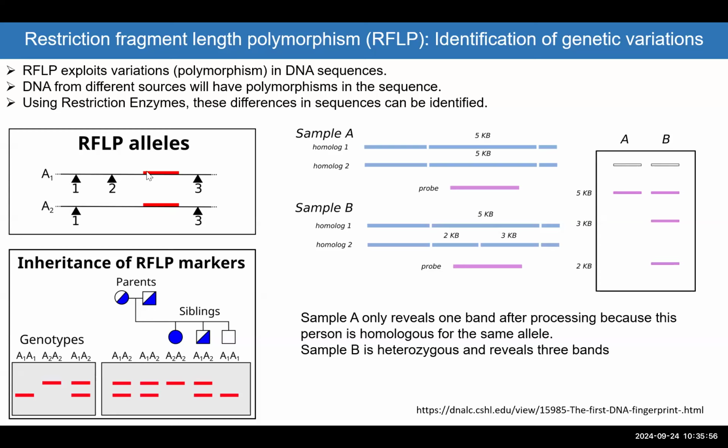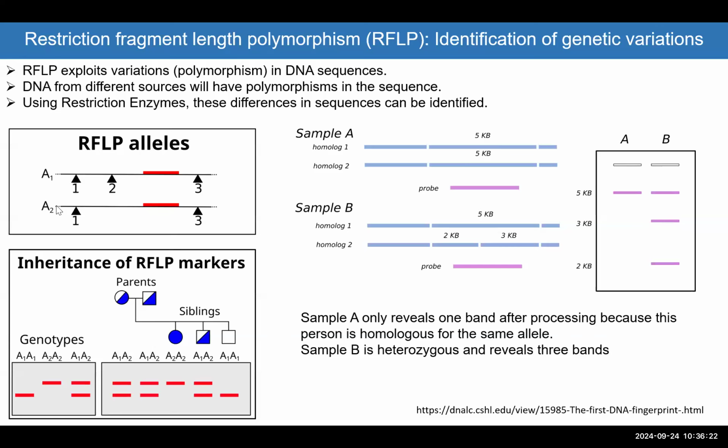And it's smaller in size than allele number 2, because allele number 2 doesn't have restriction site 2 here. Therefore, the fragment is bigger in size. So when you detect it, it's a little bit higher on the gel. So if you have a homozygote allele number 1, you see only one band.